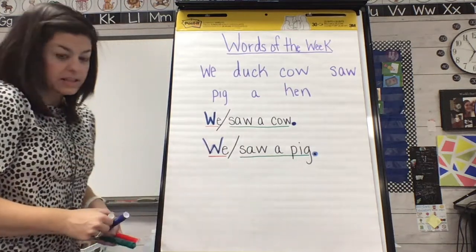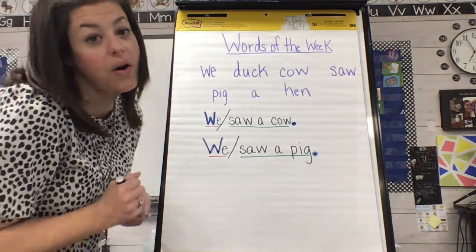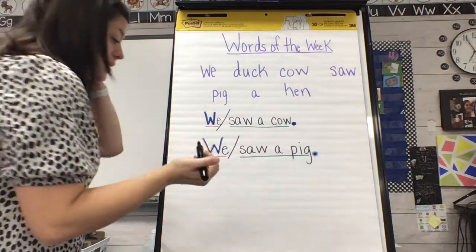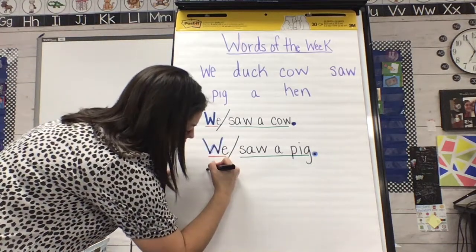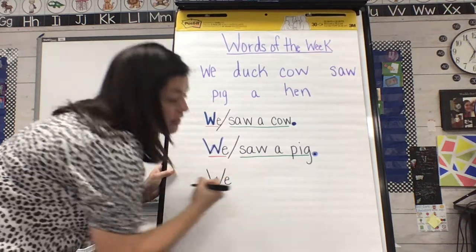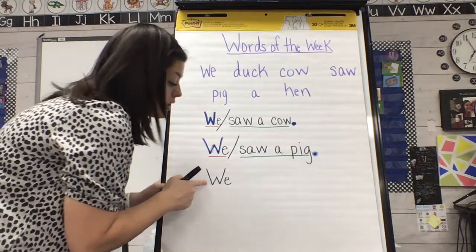So what was the next thing they saw? What was the cluck, cluck, small, and in the fence? It was a hen. So we're going to say we, and we always make sure that the first letter of a new sentence is capitalized.